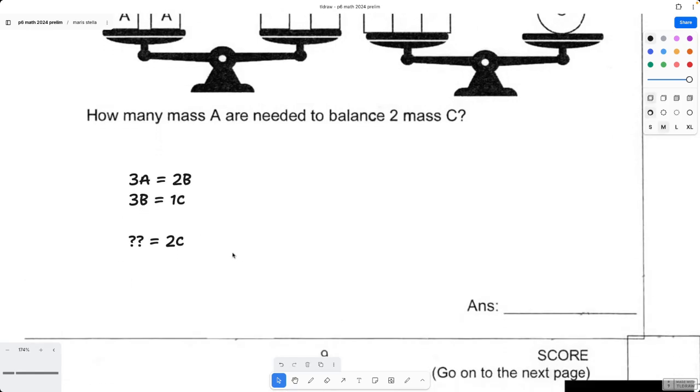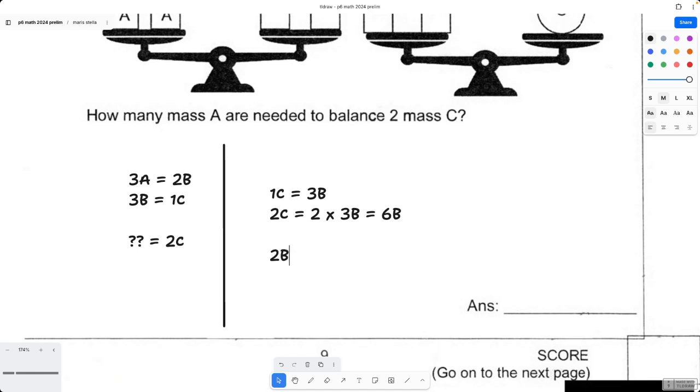I'm just going to draw this. So 1C is equal to 3B, and 2C is equal to 2 times 3B, which is 6B. Sorry, 2B is equal to 3A.